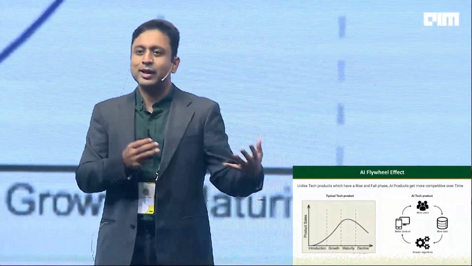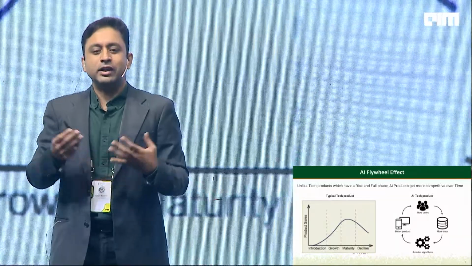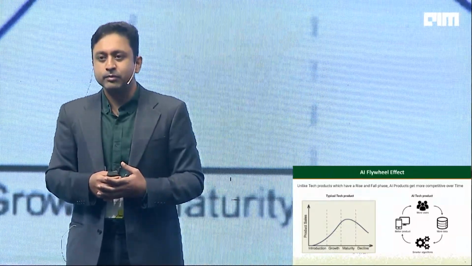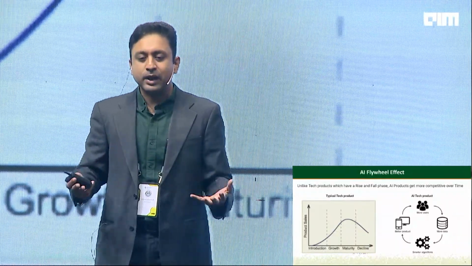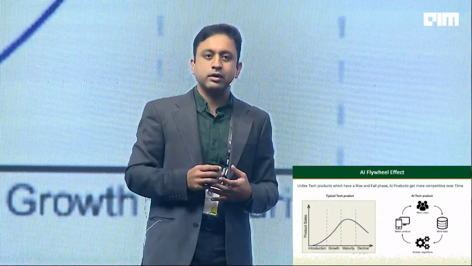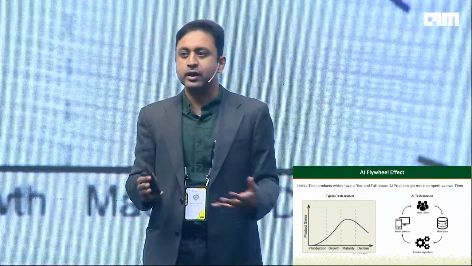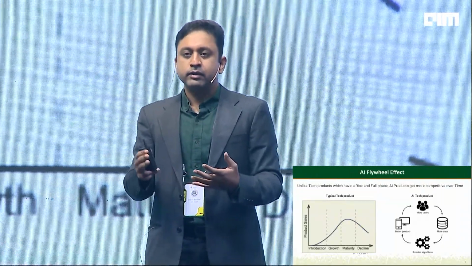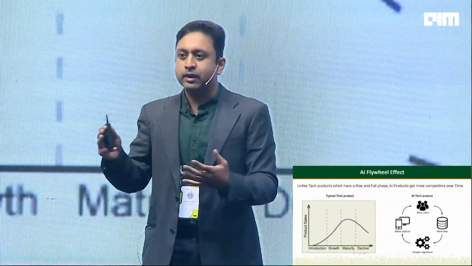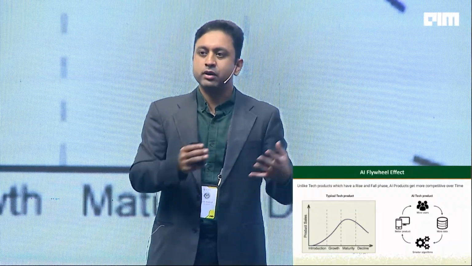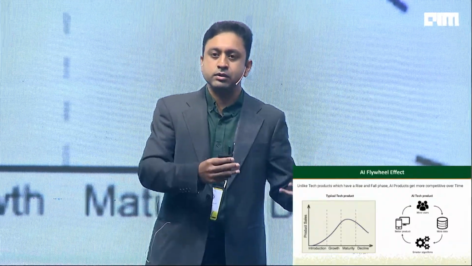When it comes to AI tech products, there's a flywheel effect which excites everybody, right? What the flywheel effect implies is, you build a product, you get some users, you get more data from the users as a part of your data collection strategy. The algorithms get better because they are now getting more data. Hence, the product gets better. There are better recommendations.